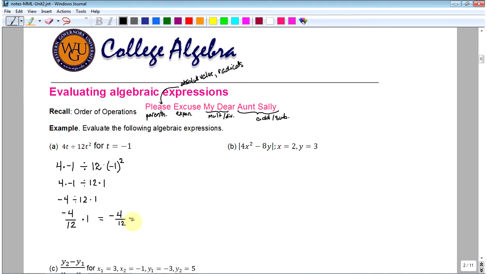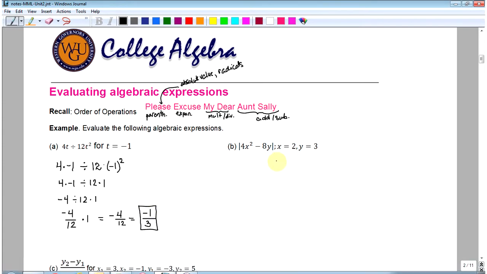And whenever you have a fraction, you want to simplify that fraction. So 4 can go into both the top and the bottom. 4 can go into -4, -1 times. 4 can go into 12 3 times. So -1/3 would be our answer. You never want to give your answer as a rounded decimal unless the problem asks you to do that. You always want to give an exact value for your answer.